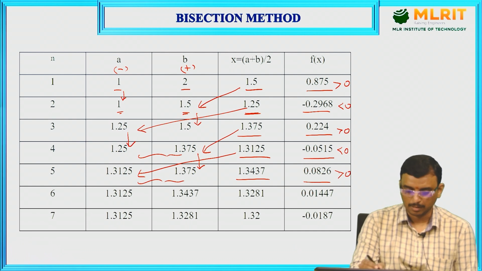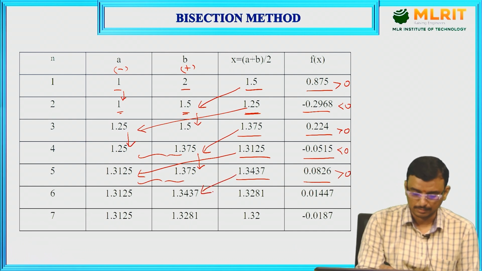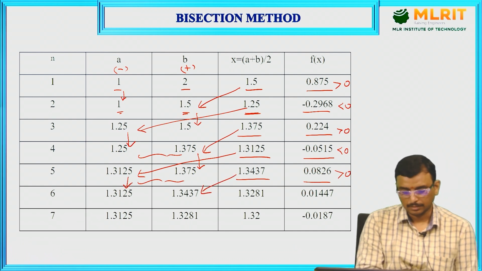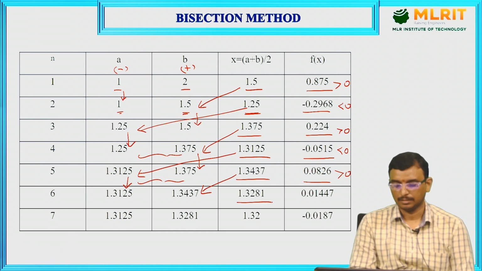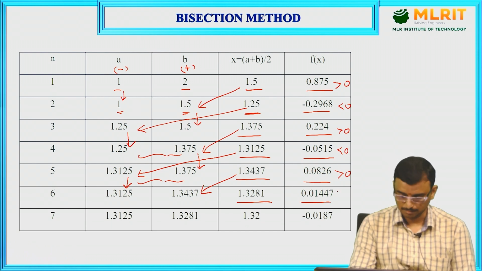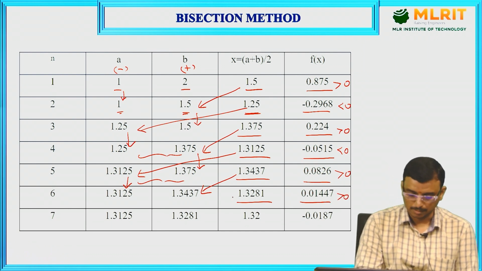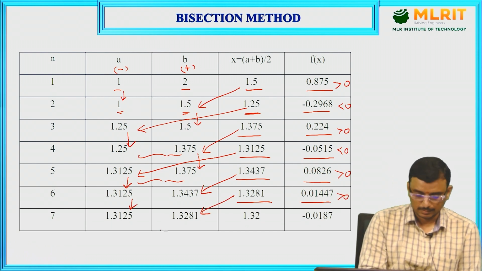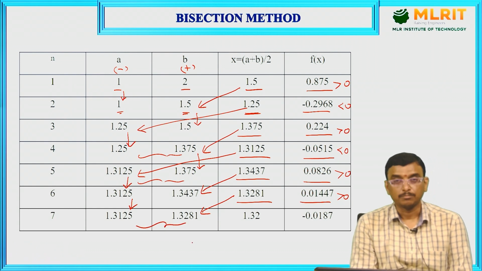Now replace the positive side, and again take the midpoint of these two, we get 1.3281, and its functional value is 0.01447, a positive value. So replace the positive side, keep the other the same, and finally take the midpoint of these two.